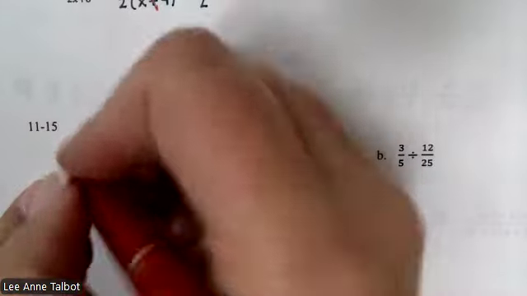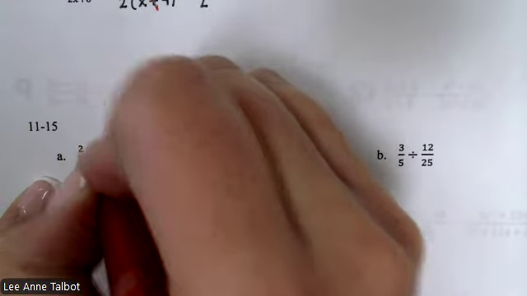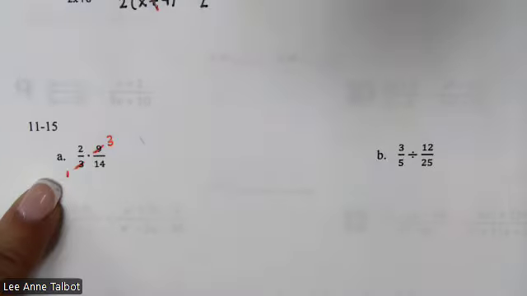Okay. Number 15 is a problem I know it looks silly, but I want to make sure we understand that it's okay to cross things out on the diagonal. So for A, what I want to make sure is that you can take 9 and 3 and reduce that to 3 and 1.